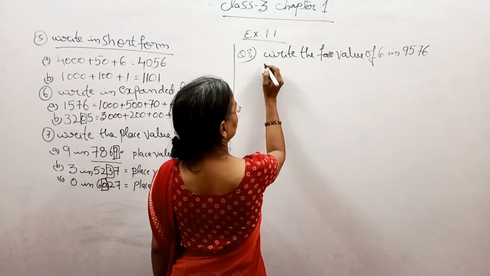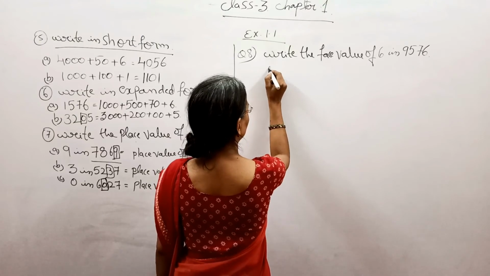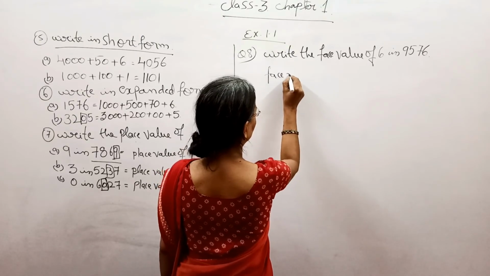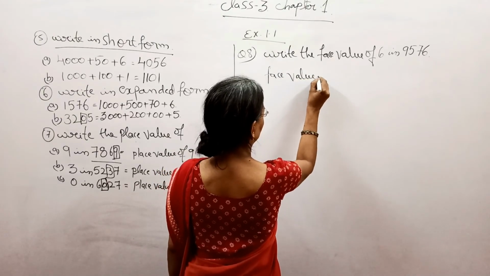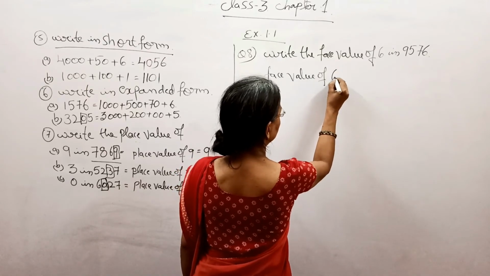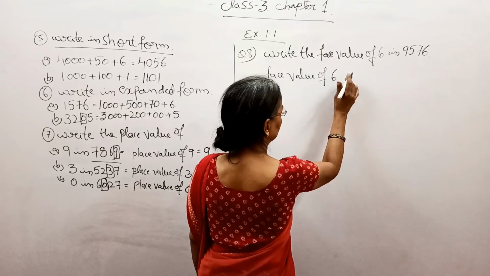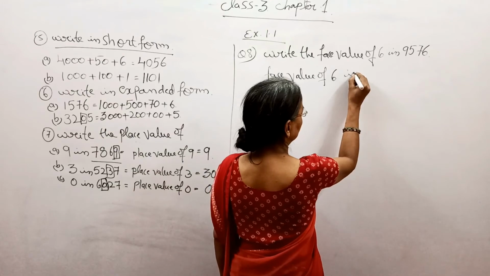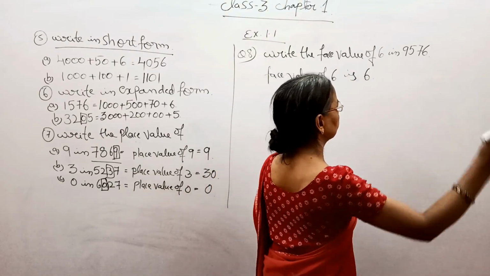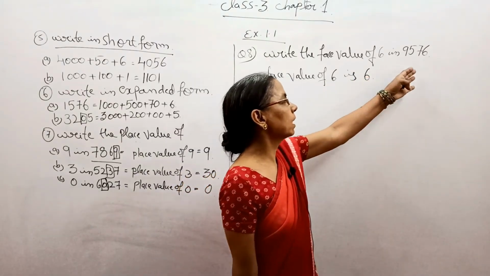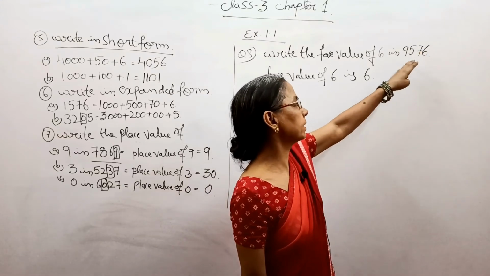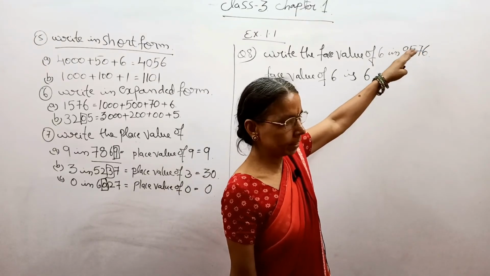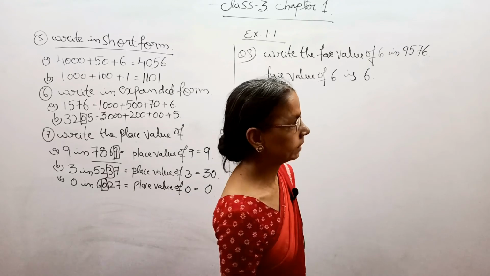That is, face value of 6 is simply 6. Either it is in the ones place, or the tens place, or the hundreds place, or the thousands place.